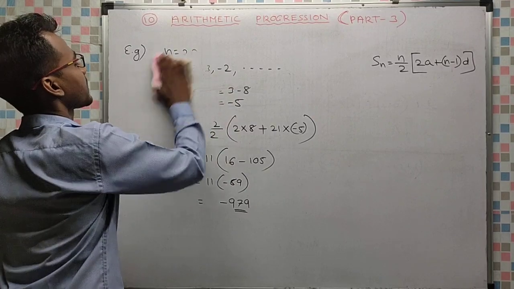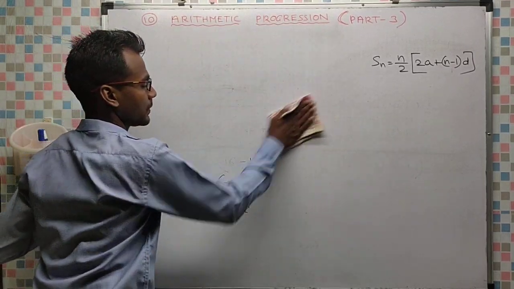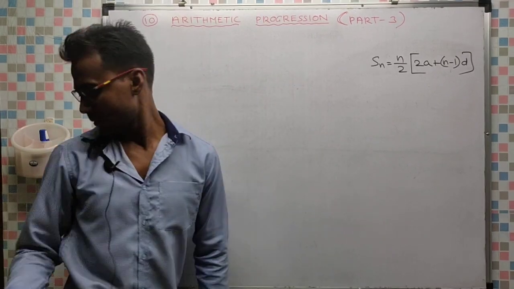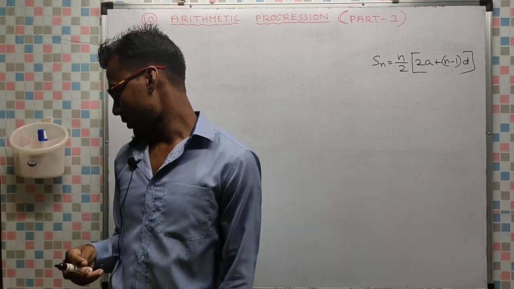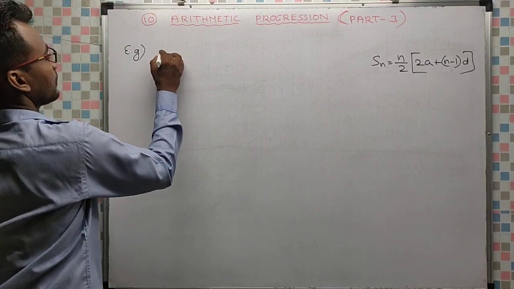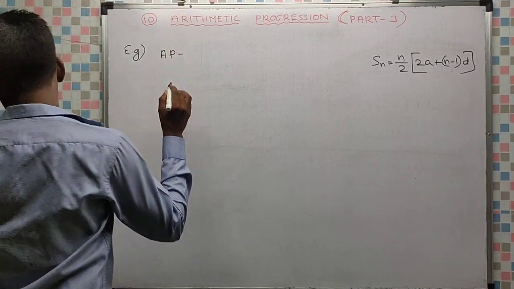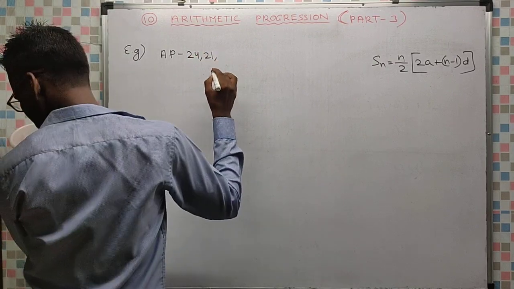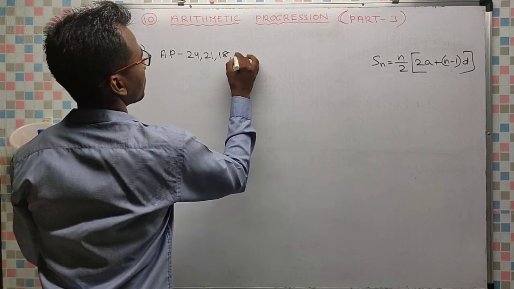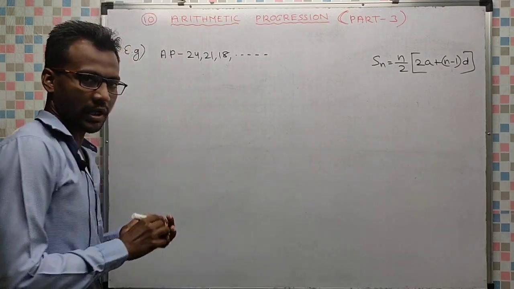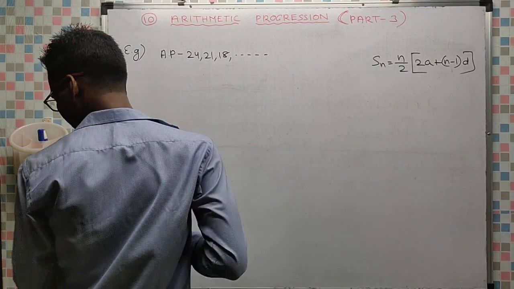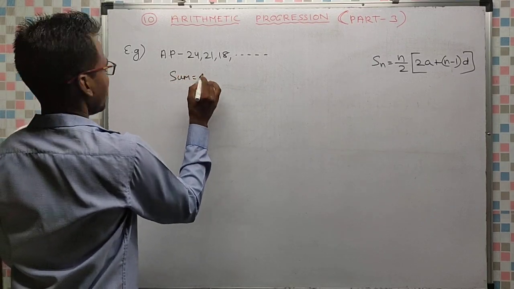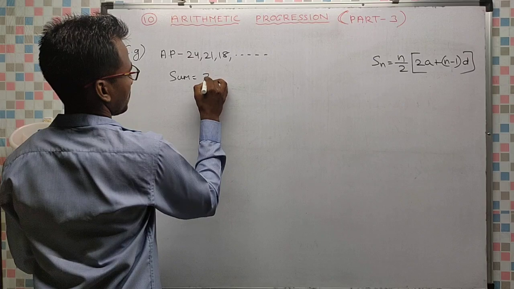Now let us move to the next example. How many terms of the AP 24, 21, 18 do we have to take so that the sum is 78?